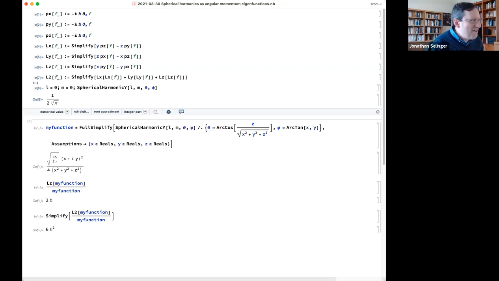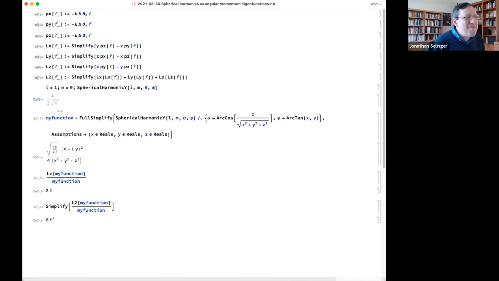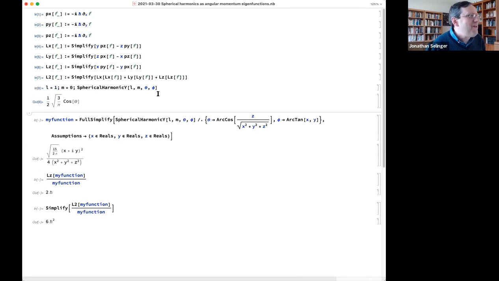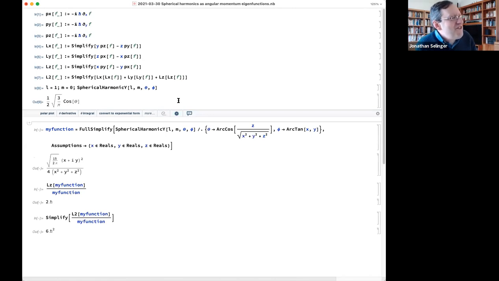But this is a stupid example because it's a constant. Let's do something not a constant. How about L equals 1, M equals 0? That's in spherical coordinates, so I should really convert that into Cartesian coordinates.